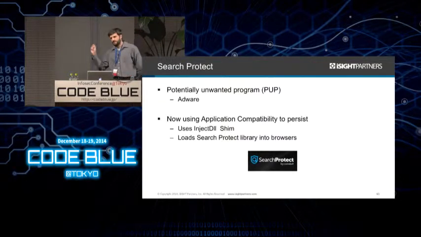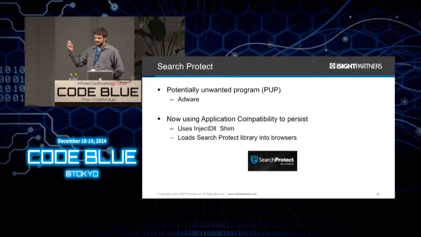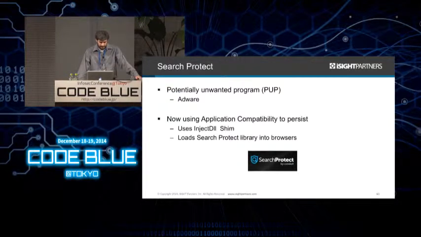So if you double click, IE starts, Windows says, oh, okay, there's a shim I need to apply. And it does an InjectDll with the Search Protect library right into the IE process. So every time you start IE or Firefox, it loads this DLL. That DLL hooks some functions, provides additional features for you. And it's doing it in a way that malware hasn't traditionally done it in the past.